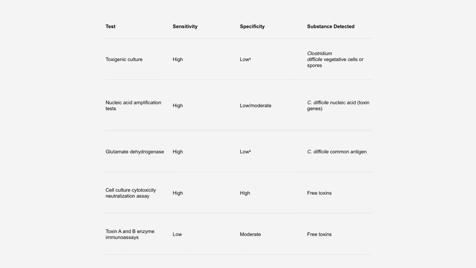Sensitivities for a lot of these tests are pretty high, really good, but the specificity is pretty low. A lot of that comes with that not all C. diff bacteria form toxins. So just because you have a Clostridium species in your stool doesn't actually mean that it's causing C. diff infection, because you're not getting the toxin. So they like to use two different tests to look at this.